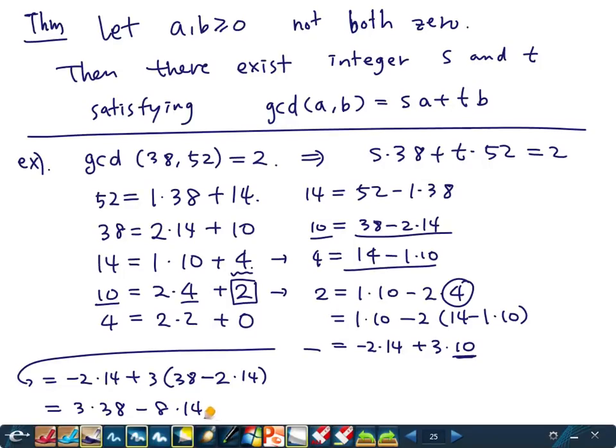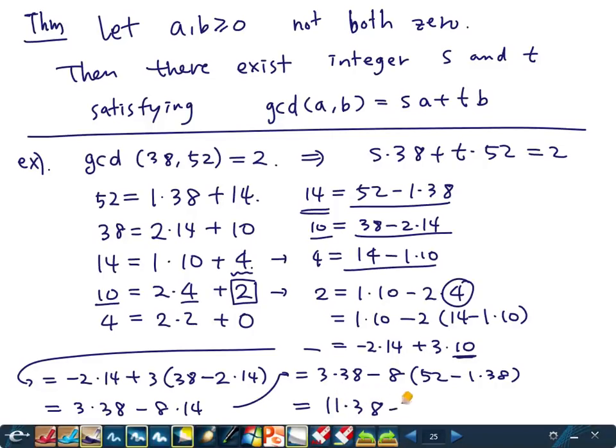All right, now what's next? Express 14 in terms of this. Replace 14, so here, 14 equals 52 minus 1 times 38. So it's this one: 1 times 52, and minus 8 plus 3 is... 11 times 38 plus minus 8 times 52.